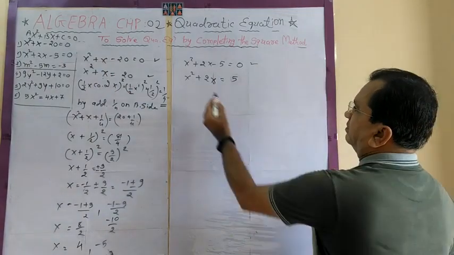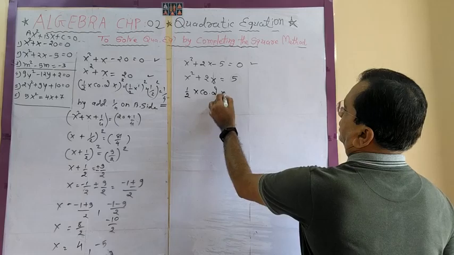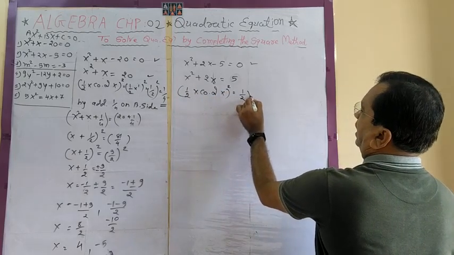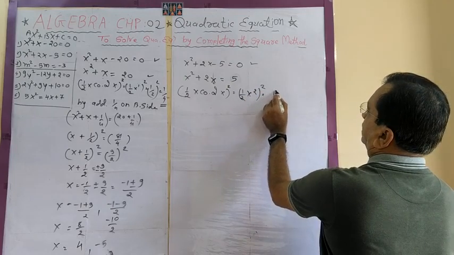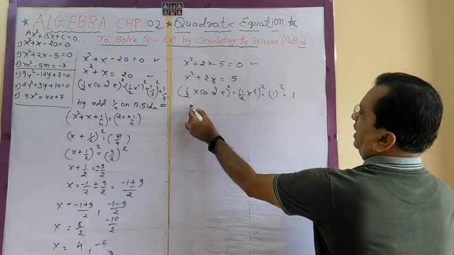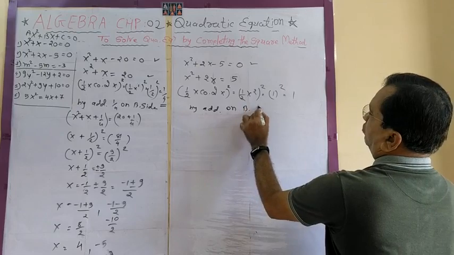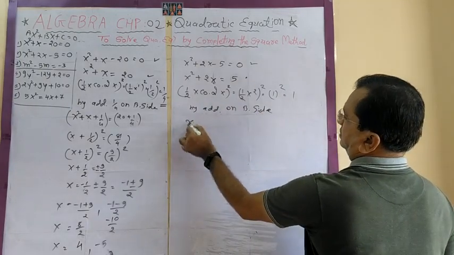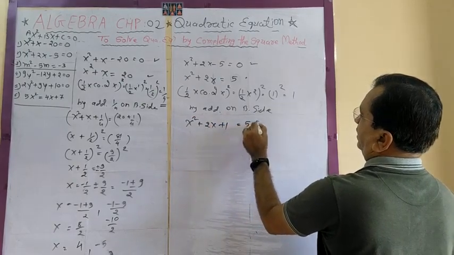Middle term. So half into coefficient of x, that is half into 2 square, that is 1 square. 2 cancel, 1 square is 1. By adding 1 on both the sides, in the previous equation x square plus 2x plus 1 is equal to 5 plus 1.